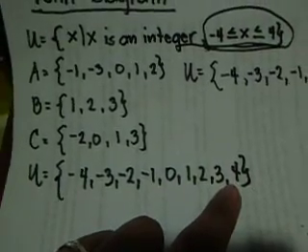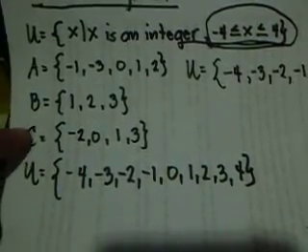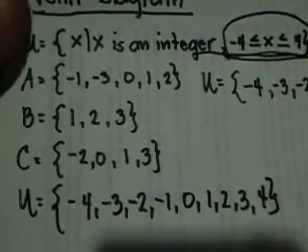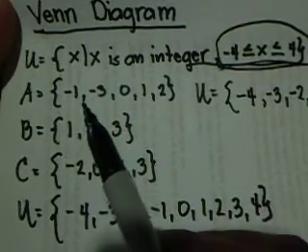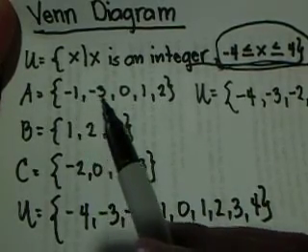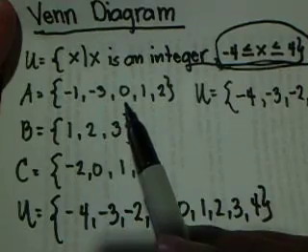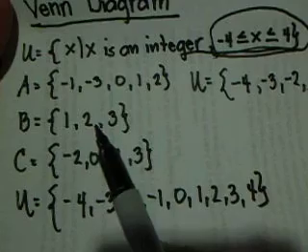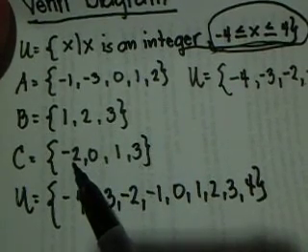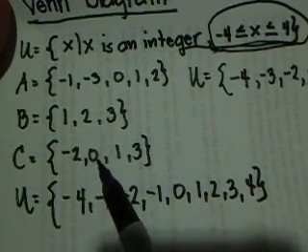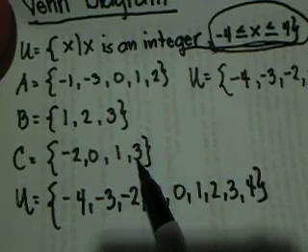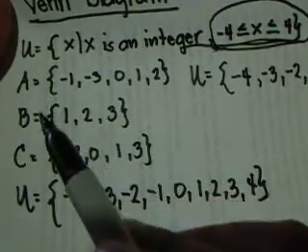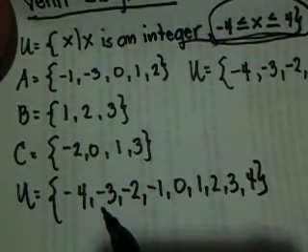Now, let us study the elements of sets A, B, and C. The elements of A are -1, -3, 0, 1, 2. For B, we have 1, 2, 3. For C, we have -2, 0, 1, and 3. Can we find these elements of A, B, and C in U?